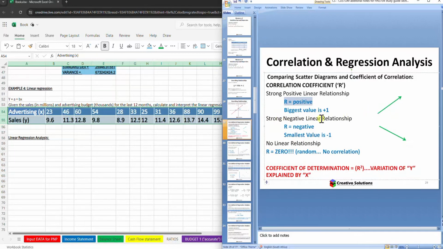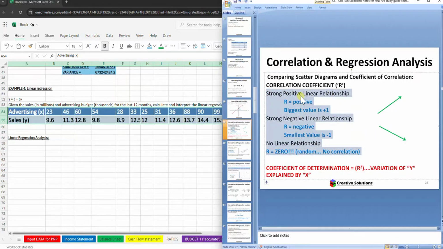Negative correlation, well, something in the opposite. So when one variable increases, the other variable decreases. So negative correlation could be, if we're looking at weather, maybe clothing. Okay, the hotter it gets, you wear less clothing. Right, that could be a negative relationship, perhaps. Okay, just a random example.